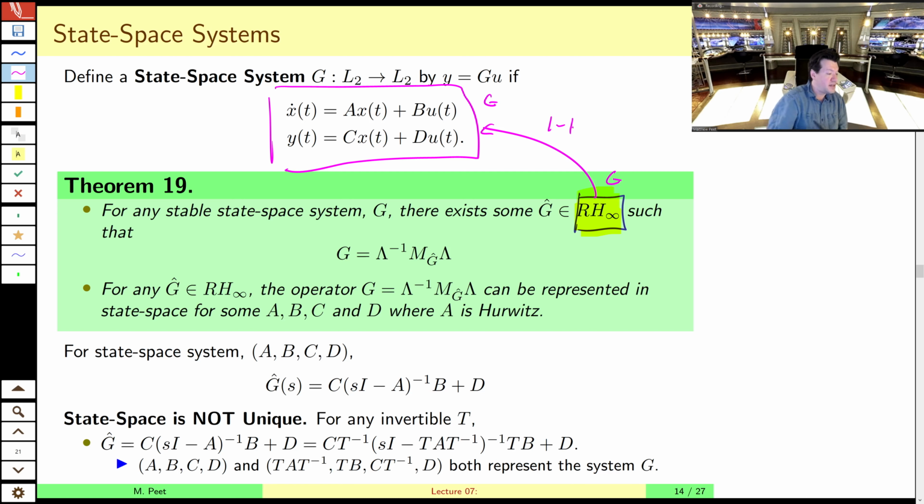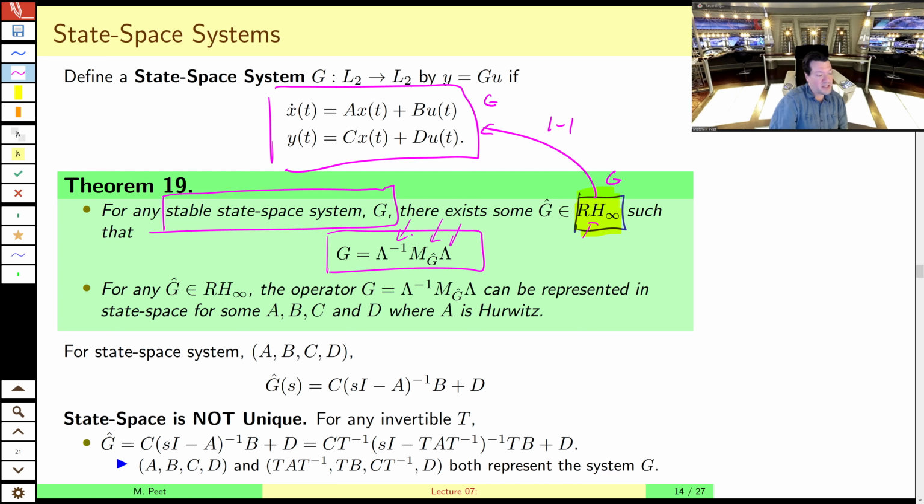It says that any stable state space linear system G is a state space linear system if and only if there exists a rational proper H∞ transfer function such that the system equals this multiplication operator with the inverse Laplace transform.